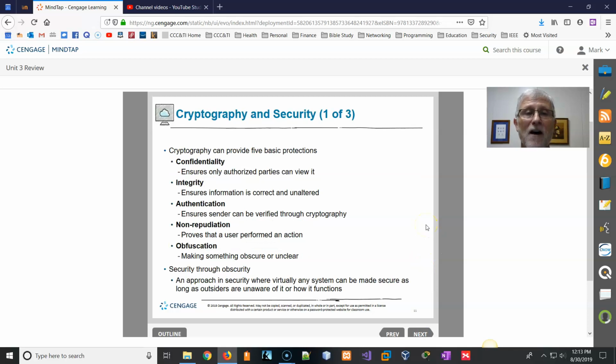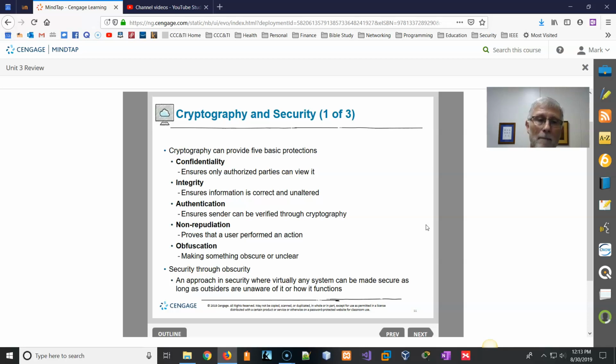Now there are 5 basic protections that cryptography tries to perform. One, it gives you confidentiality, which ensures only authorized parties can view the message. Integrity makes sure that the message is correct and unaltered. Authentication ensures that the sender can be verified.